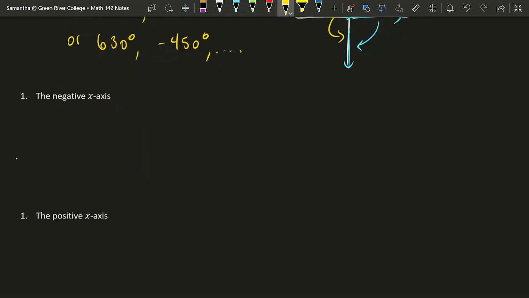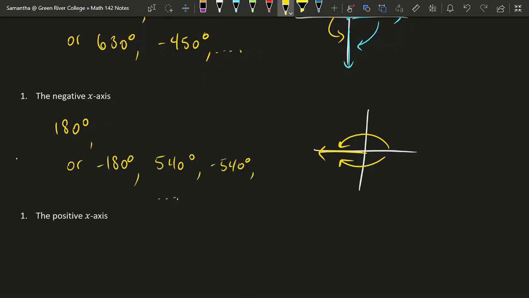The negative x-axis: probably the standard, first way that occurs to me to reach it is to go 180 degrees in the positive direction, counterclockwise. But you could just as easily go 180 degrees clockwise, and so on.